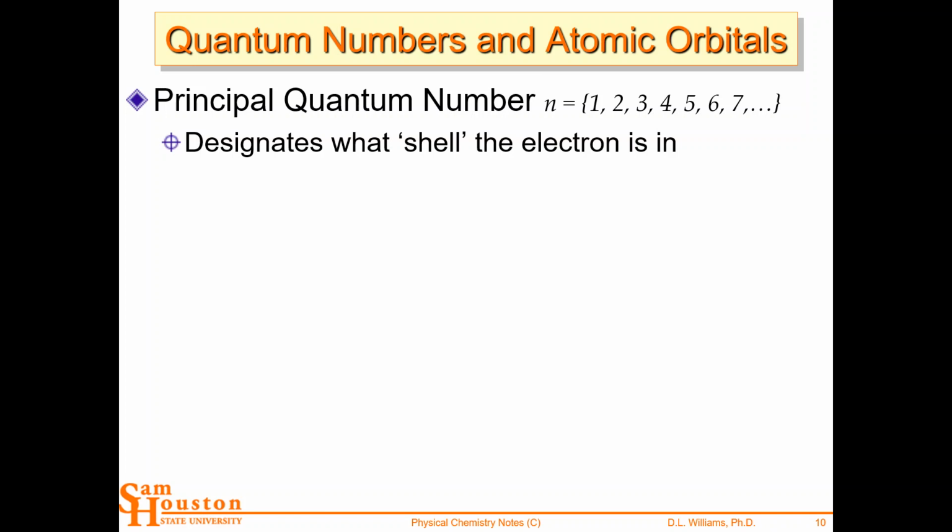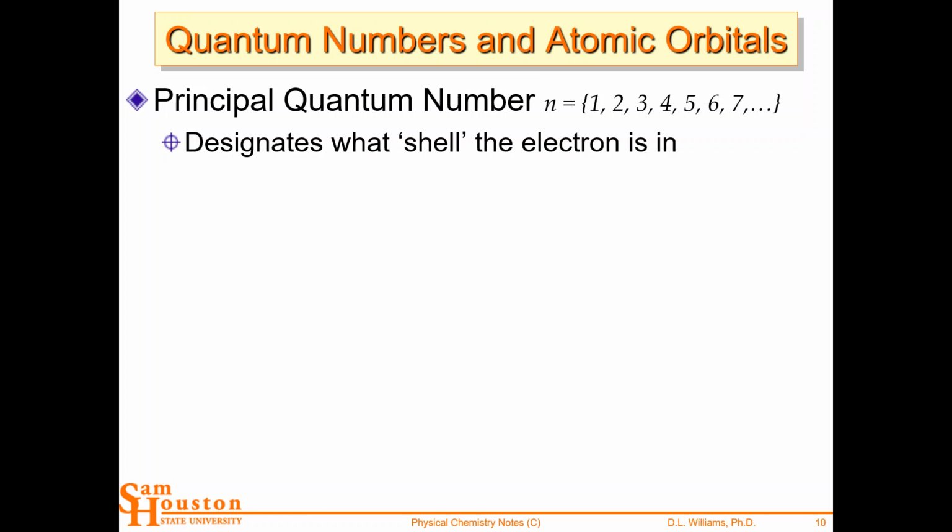I don't know what the highest principal quantum number I've ever seen would be, but it's not infinity. Maybe 7 or 8, I don't know. Like in statistics, with population versus sample, 14 is a sample and 15 is infinity, so that's a population. So this designates what shell we're in.